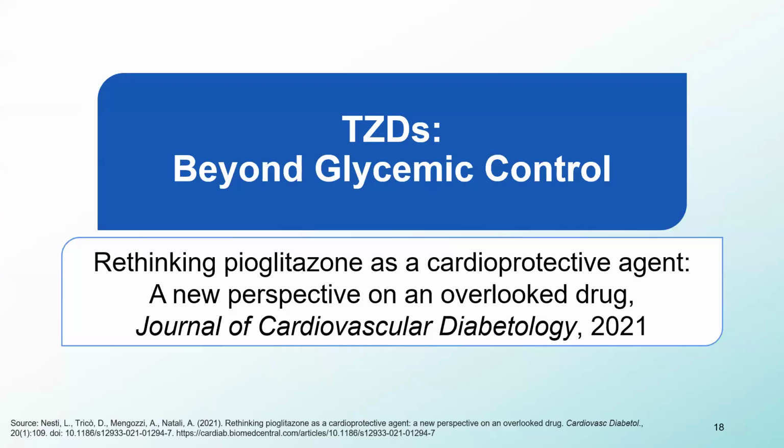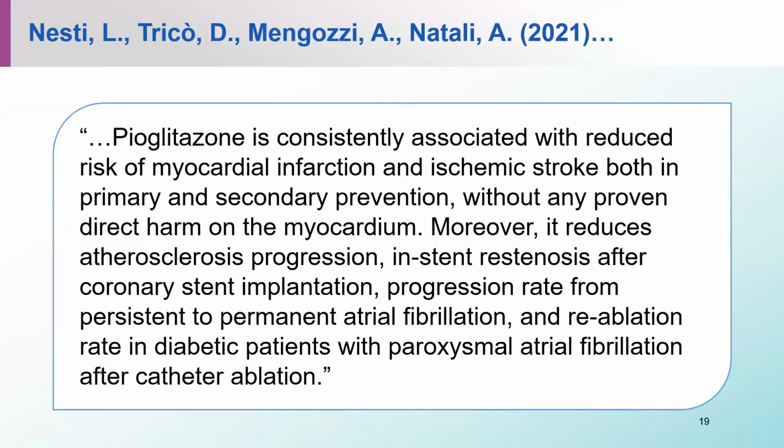So let's take a look. Is there anything good to say about the TZDs other than glycemic control? This was an article published in the Journal of Cardiovascular Diabetology just a few years ago, saying we need to rethink pioglitazone as a cardioprotective agent. And this is a quote from it: pioglitazone use is consistently associated with reduced risk of MI and ischemic stroke in both primary and secondary prevention, without any proven harm to the myocardium.